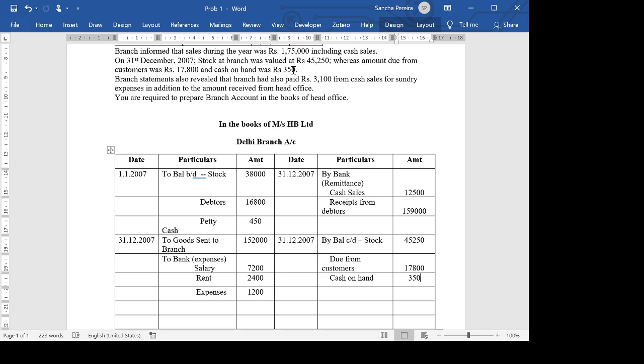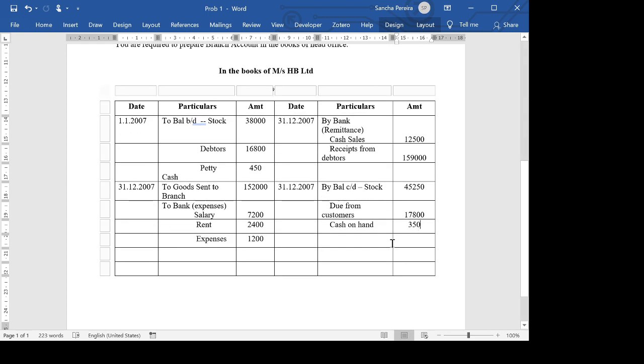So let's check what is the final status, whether there's a profit or loss. Total this. If we total the credit side, we get 12,500 plus 1,59,000 plus 45,250 plus 17,800 plus 350. Looks like this side is heavier.